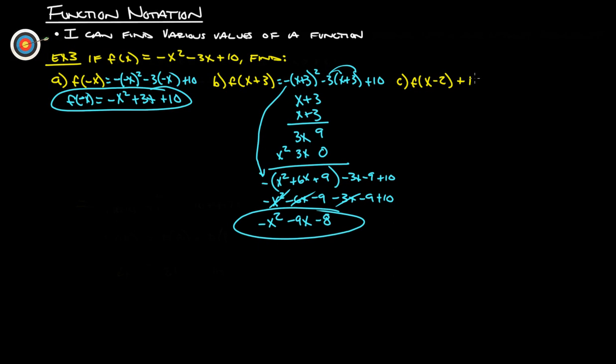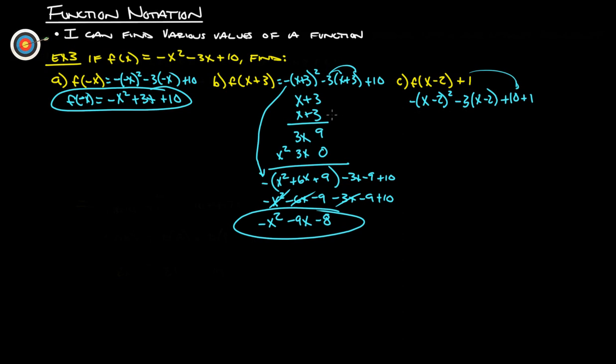Okay? And then this one here, same idea. We want to do the function of x minus 2 and then add 1 at the end, basically. Okay? So let's do this down here so we have enough room. So we've got negative, and now we have x minus 2 squared minus 3 times our x, which is x minus 2, plus 10, and then we have this plus 1 to add on to the end of that.